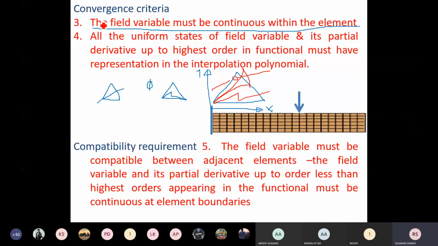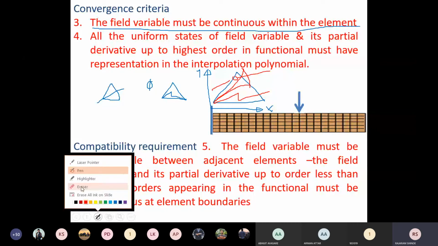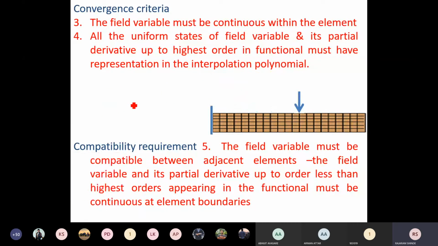Your field variable must be continuous within the element, and polynomials have an inbuilt property. What is that property? Polynomials are always continuous. It may be a linear polynomial or a higher order polynomial, polynomials are always continuous. These are functions which we write in terms of the coordinates.